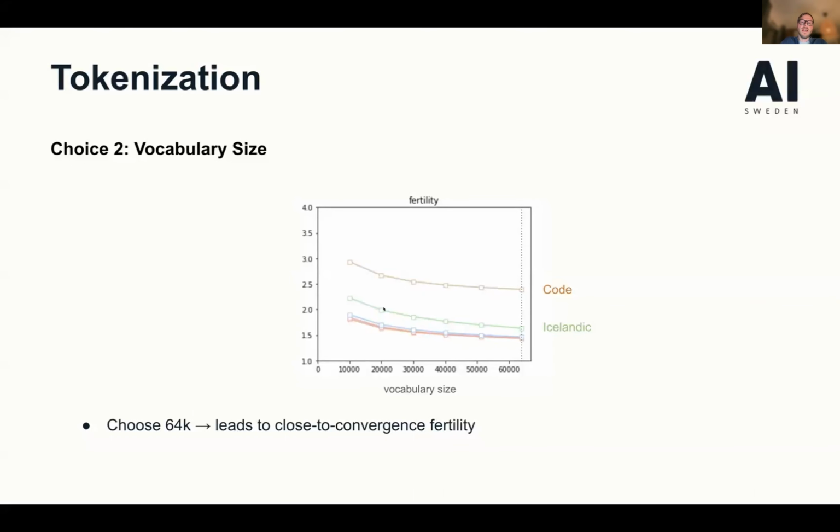What we see here is that around, it's a matter of definition, but around 60,000, 64,000, the fertility seems to saturate or converge. So we chose 64,000 as a vocabulary size because this leads to close to convergence fertility. Going higher is actually not really useful because it leads to higher computational demand and so forth. So we chose 64,000.